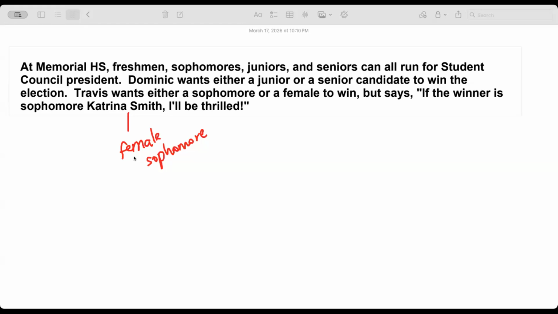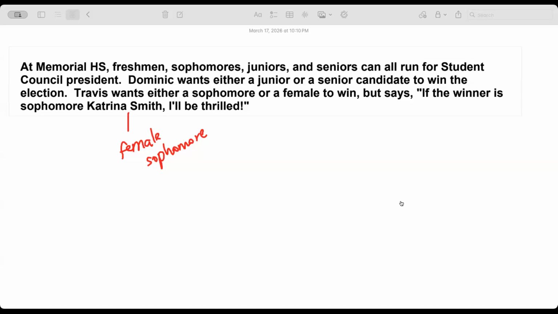Okay, now let me ask you this. Would either Dominic or Travis be happy if a freshman Monroe won the election? No. So we will now understand the relationship between mutually exclusive and not mutually exclusive.